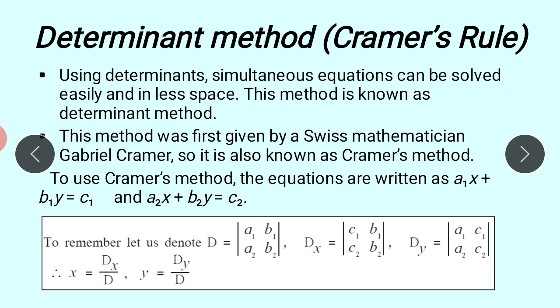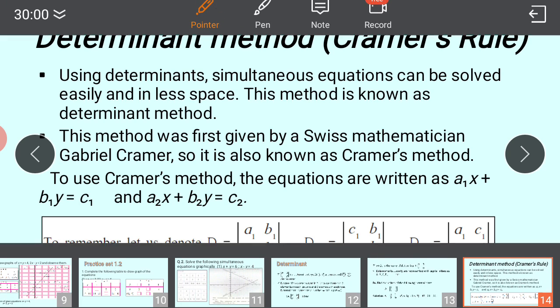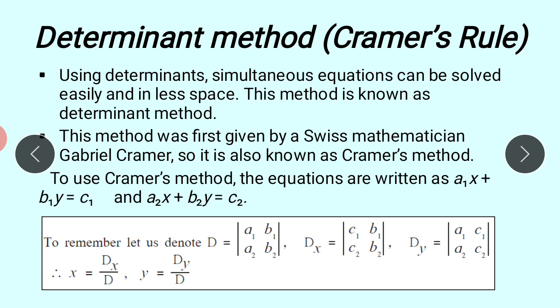Dx, for finding the value of x, you find first Dx. Dx is equal to c1 c2 and b1 b2. For finding the value of Dy, a1 a2 and c1 c2. Arrange these numbers in this way and then find x is equal to Dx upon D and y is equal to Dy upon D.